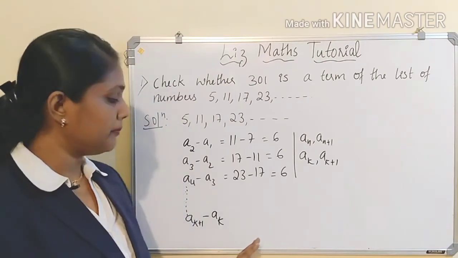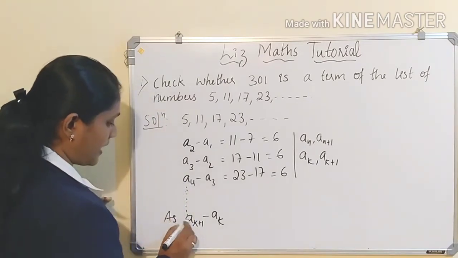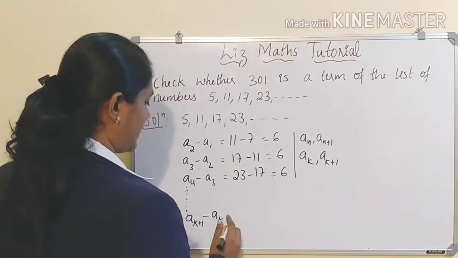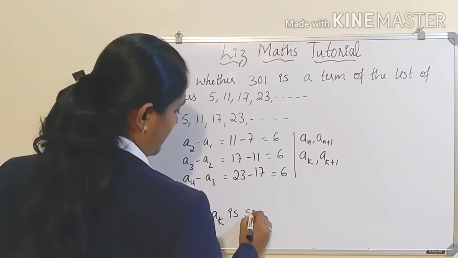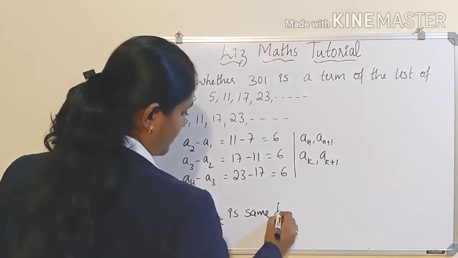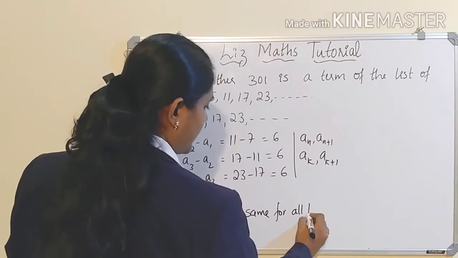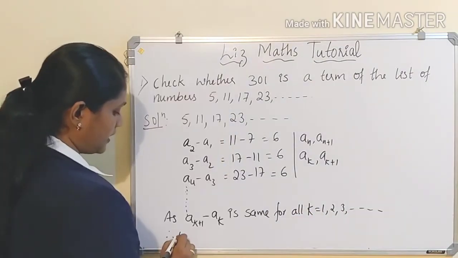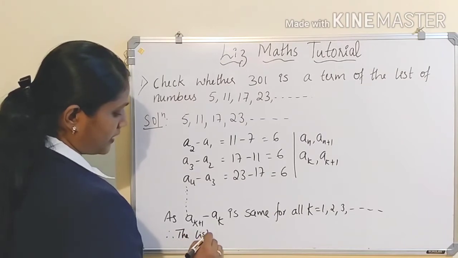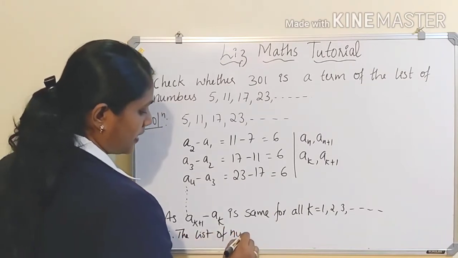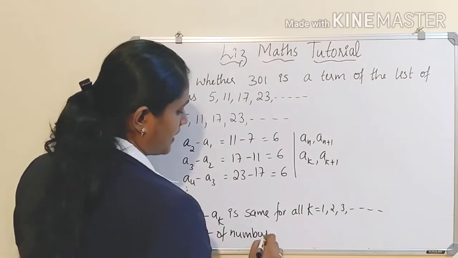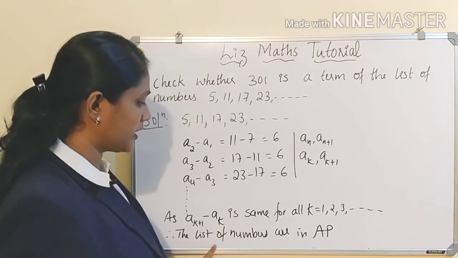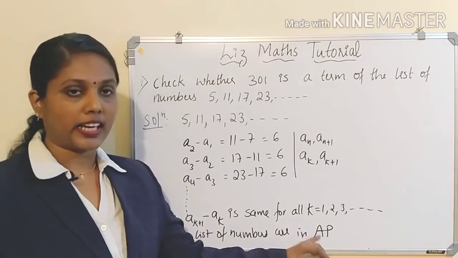So a(k+1) minus a(k) is the same for all k equal to 1, 2, 3. Therefore the list of numbers is in AP. So we have come to the conclusion that the list of numbers is in AP.